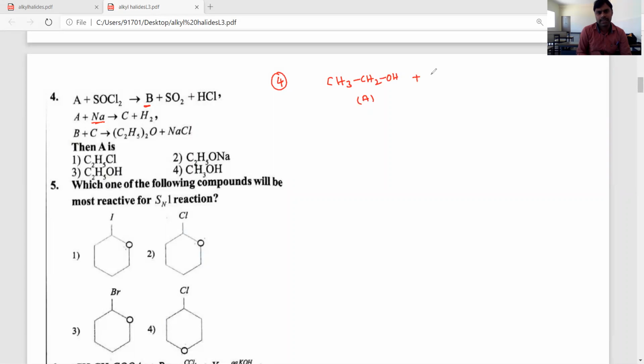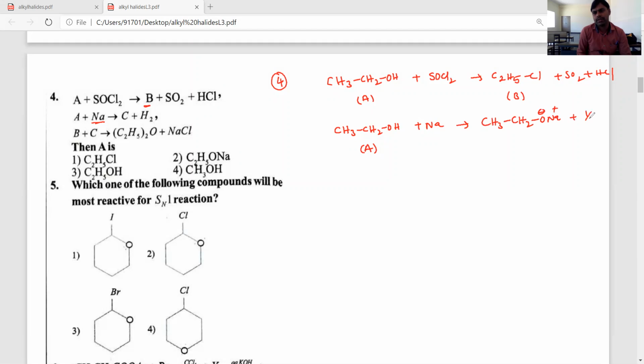A is ethyl alcohol, treated with SOCl2 in the Darzens reaction, forms C2H5Cl, ethyl chloride. This is B. The byproducts are SO2 plus HCl. Again A, CH3CH2OH, reacts with sodium metal, forming sodium alkoxide, CH3CH2O minus Na plus, plus half H2 gas.